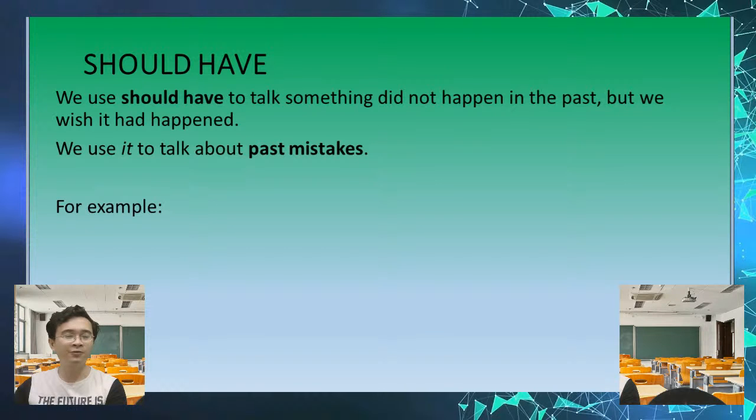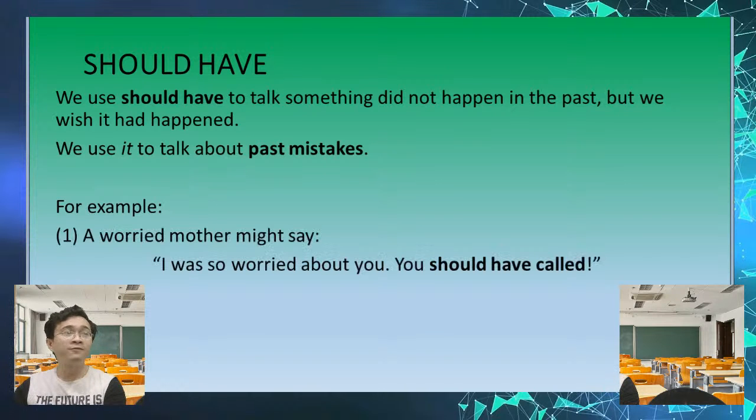For example, here is our first sentence. A worried mother might say, I was so worried about you. You should have called. Maybe this daughter or son did not go back home early, so the mother was worried.